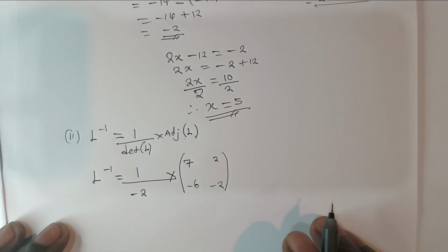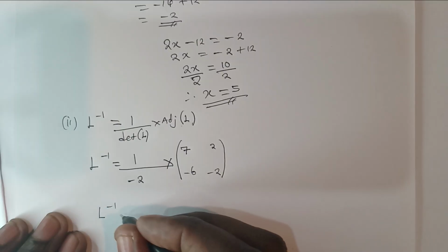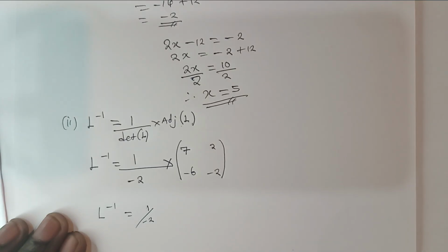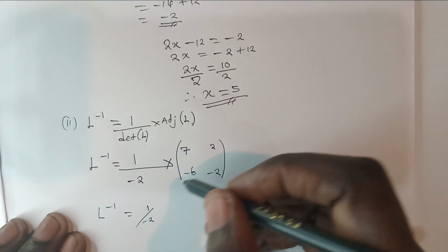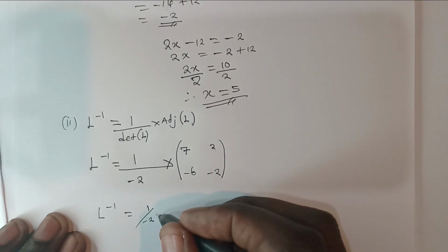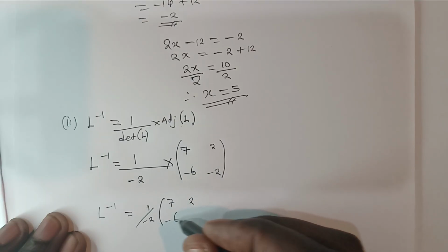And then from there, we can now simplify. So L inverse is equal to, so 1 over negative 2, we need to understand that it is a scalar which is multiplying every element inside of the matrix. So this is going to be multiplied throughout.